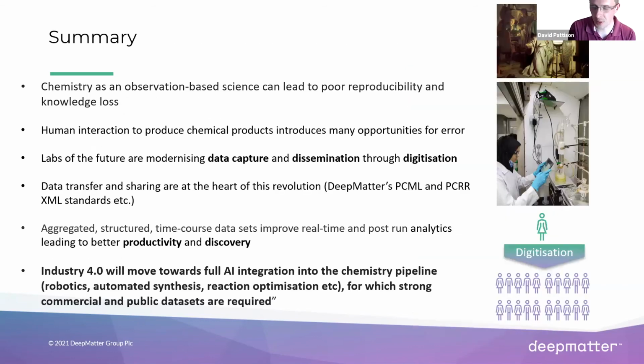So a very brief summary. I believe we're about to wrap up. In general, across the whole talk, we've been talking about the project Crocus work, which we did at O2H. But all that came about from chemistry being an observation-based science, which can often lead to poor reproducibility, right?